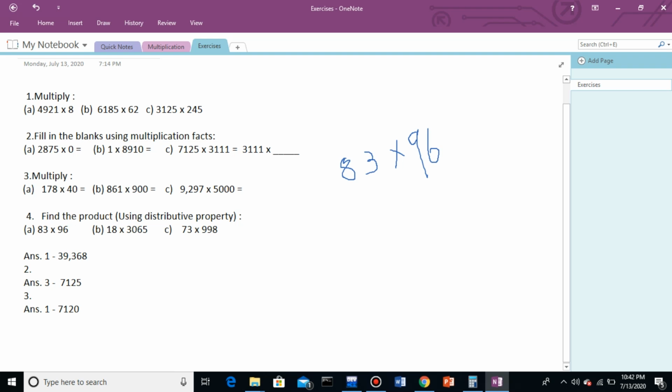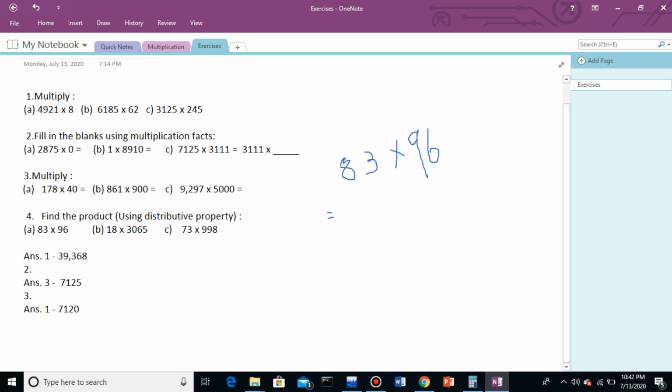So how will we do that? First we'll break it into two parts. If we round 96 to the nearest 100, it becomes 100. So we'll break that 96 into two parts.